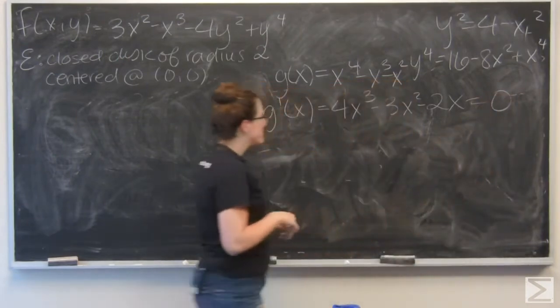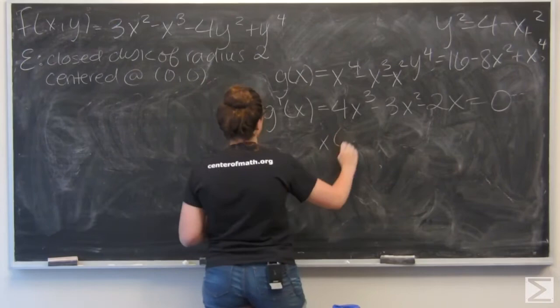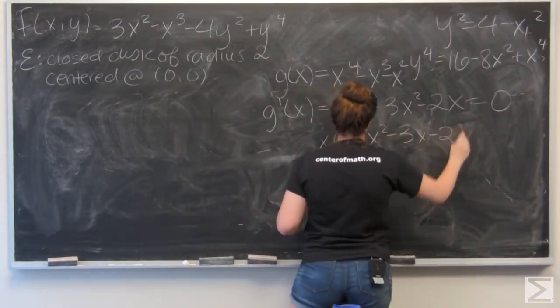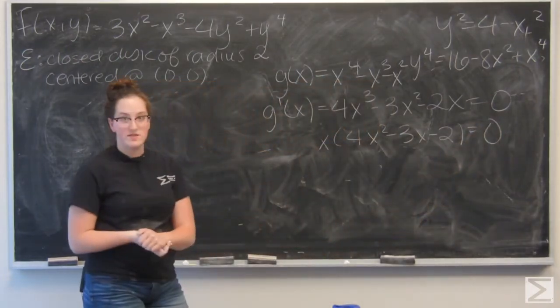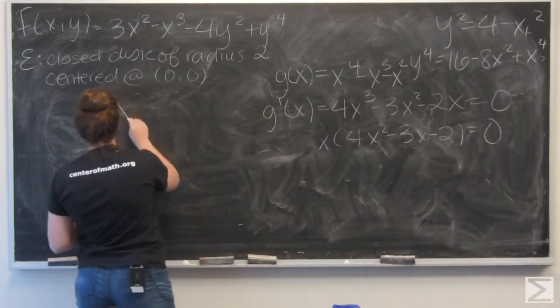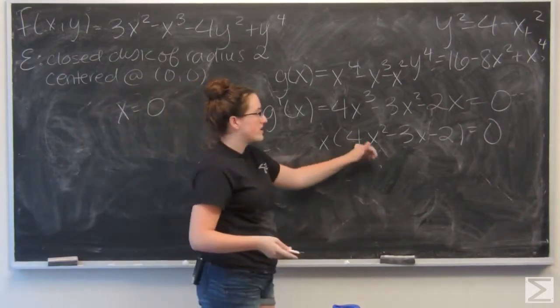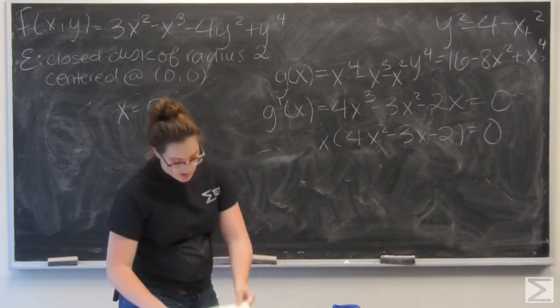The first thing I'm going to do is pull out an x, since there's an extra factor of x in each term. So right away, I know one of my x values is going to be when x equals 0. And then I can use the quadratic formula to find the roots of the rest of it.